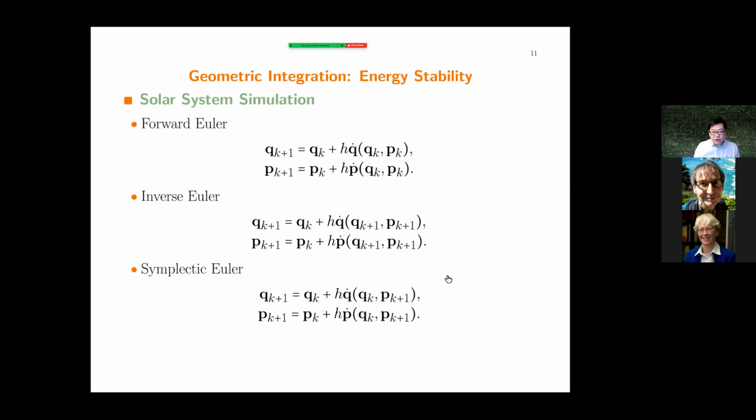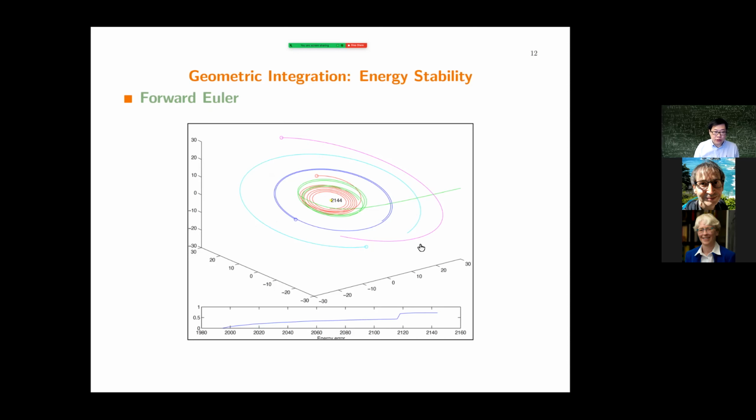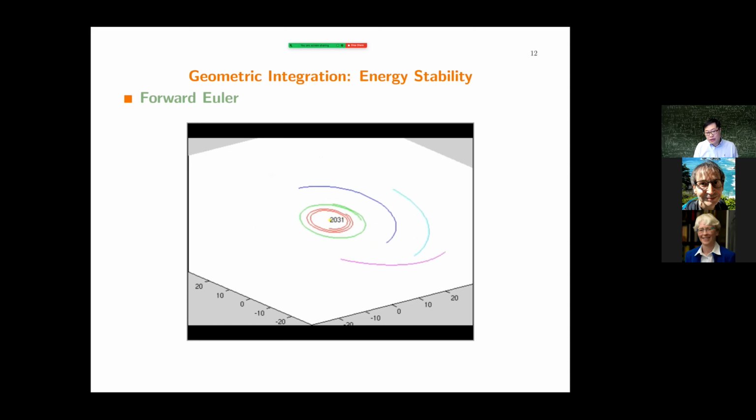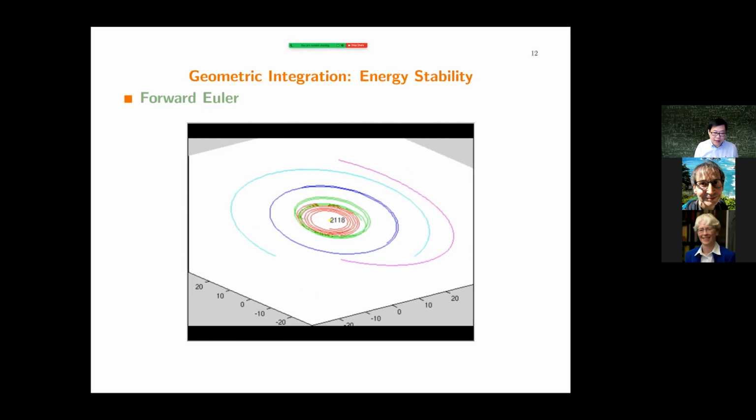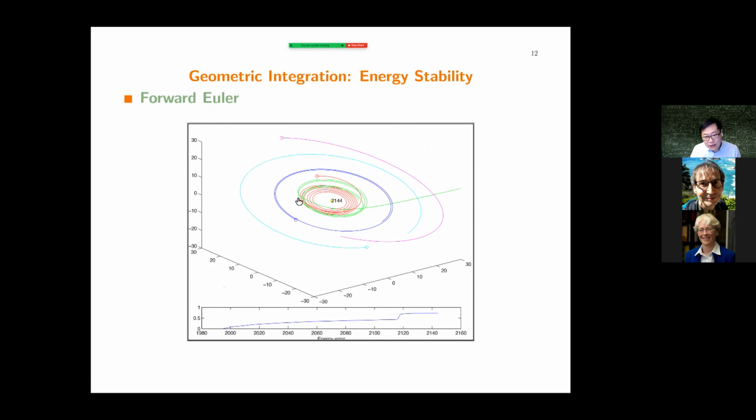Okay, so you can apply the forward Euler method to the solar system. And when you do this, you'll see that it doesn't bode well for us. It's one of those planets that got voted out of the solar system. And if you look at it from the energy point of view, the energy error grows quite significantly over something like 200 years.